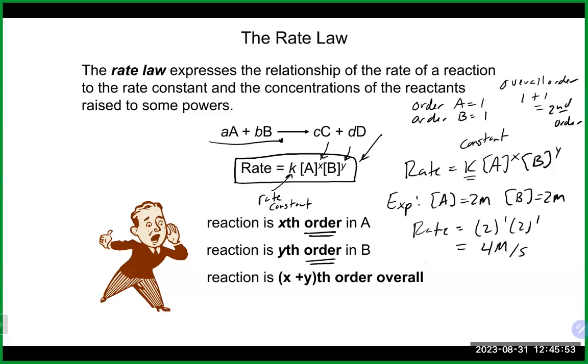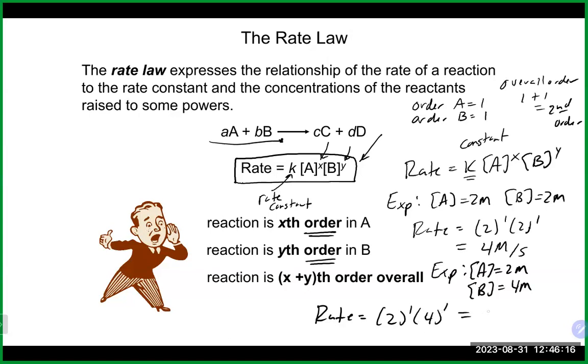And I go, all right, in this experiment, I'll keep A at 2 molar, but I'm going to toss in there twice the amount of the second reagent, which is B. So now when I put it into my rate law, this will now give me 2 to the 1 and now 4 to the 1, which gives me an overall rate of like 8 molar seconds.